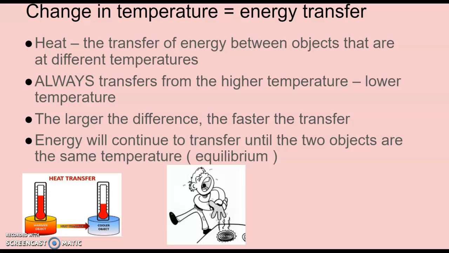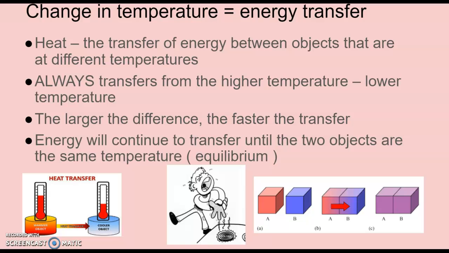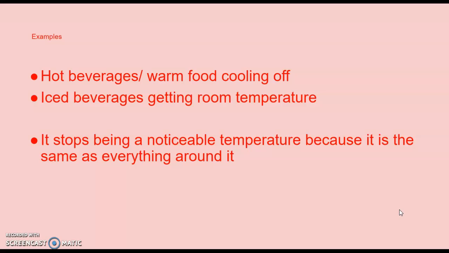Because of that, that energy transfers very quickly, which is why we feel it so fast. And this picture is a great visual of how it reaches equilibrium. So if that red block A is my warm one, it's transferring energy to the blue one, and it's going to continue to do that until they're the same temperature, equilibrium.